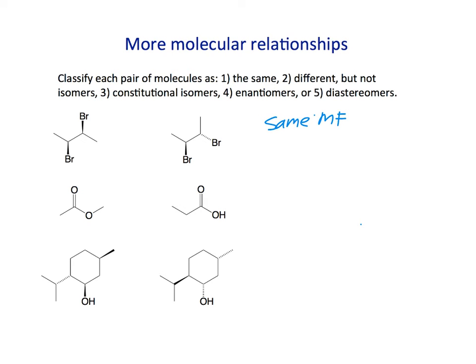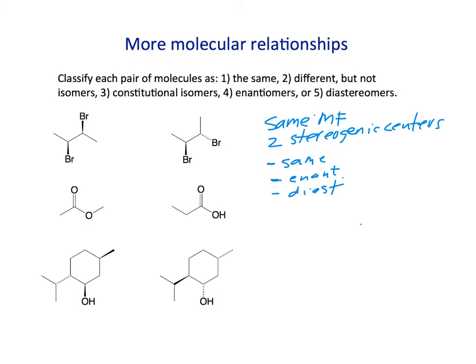Yes. We have 2 stereogenic centers. So in this case, we really have 3 possibilities. They could either be the same, they could be enantiomers, or they could be diastereomers.